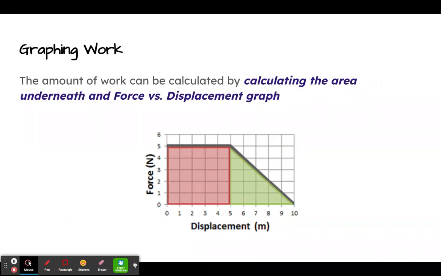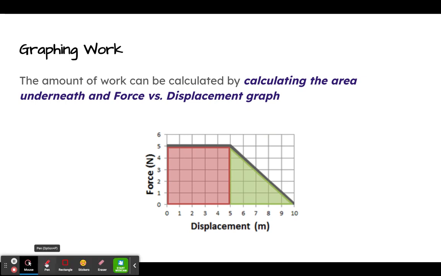I really want to lightly touch on this. The reason I mentioned earlier that if you have a non-constant force you would need some calculus, you guys are not responsible for that. I would like to emphasize that you can solve for the amount of work by calculating the area underneath a force versus displacement graph. Hopefully that's pretty clear.